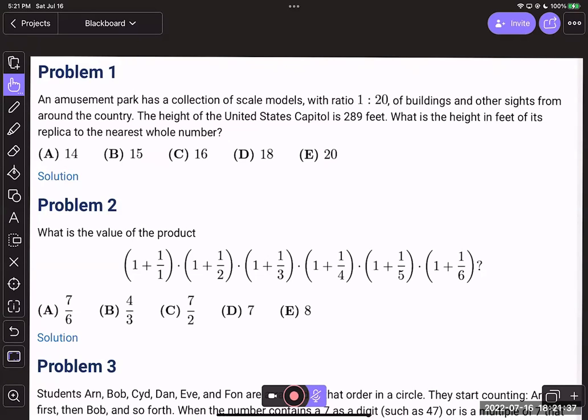So the ratio is 1 to 20. If the real one is 289, what can we expect the replica to be? So let me ask you here, Brandon. If the real one is 20 feet, how big is the replica going to be? Any ideas?